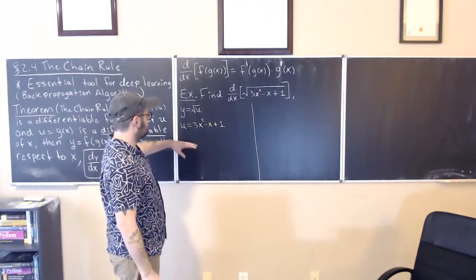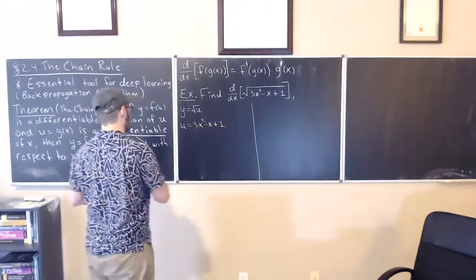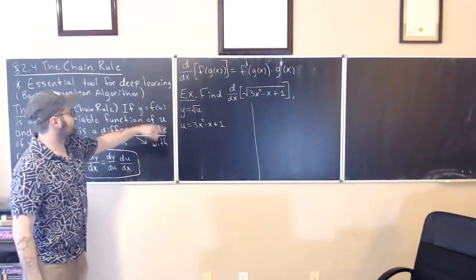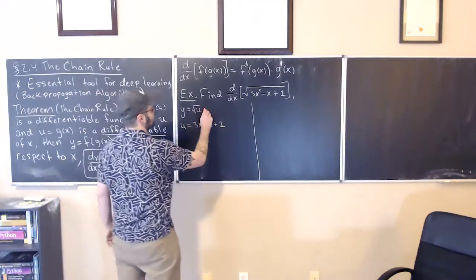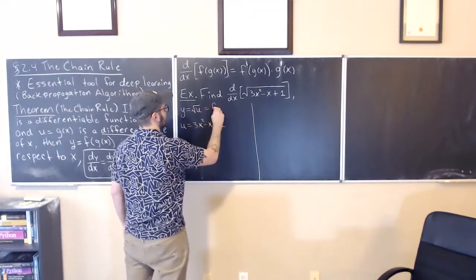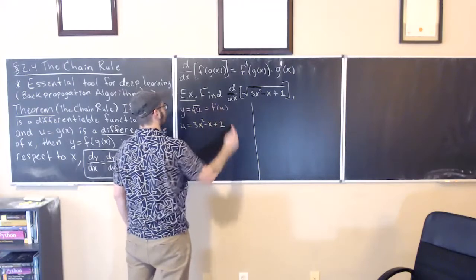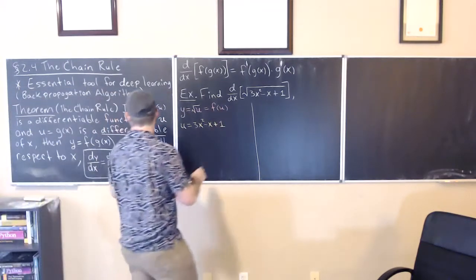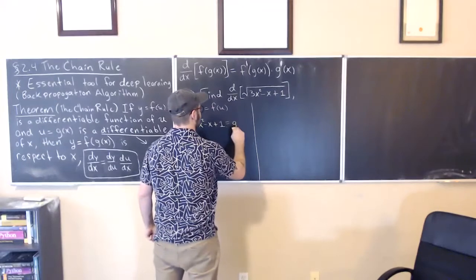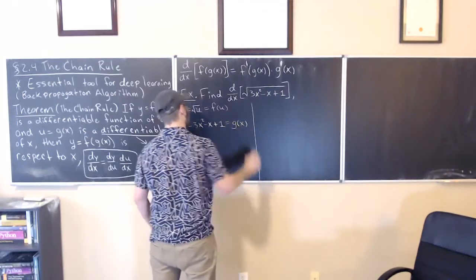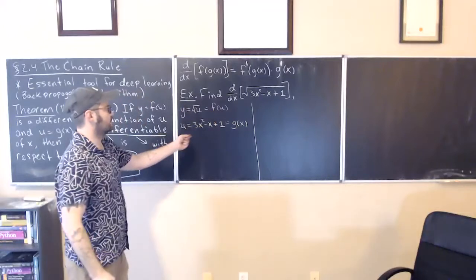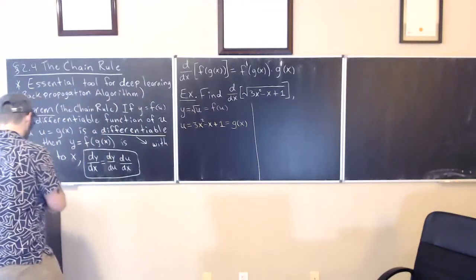So notice that, if we follow this notation right there, y is a function of u, I can also say that this is like f of u. And then here, I can say that this is the function g of x. So that's f of u, that's g of x, y, u. Okay, hopefully the notation is not too confusing.